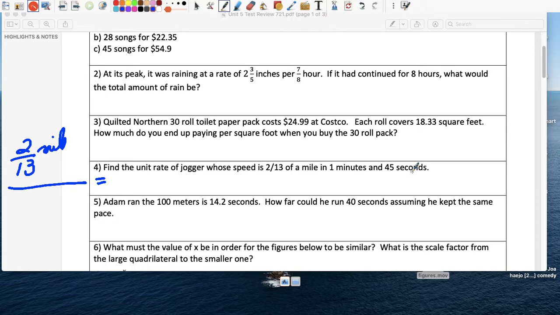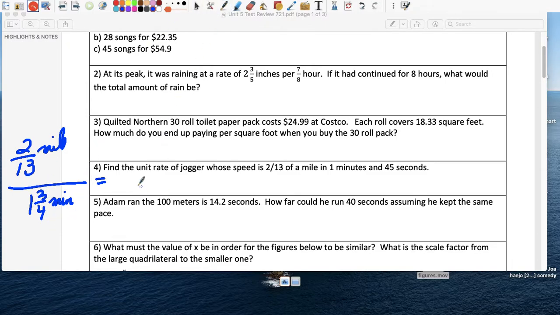So let's go by minutes. In terms of minutes, 1 minute and 45 seconds, we can write as 1 and 45 over 60, which we can obviously write as 1 3/4. So he can run 2/13 of a mile in 1 3/4 of a minute.